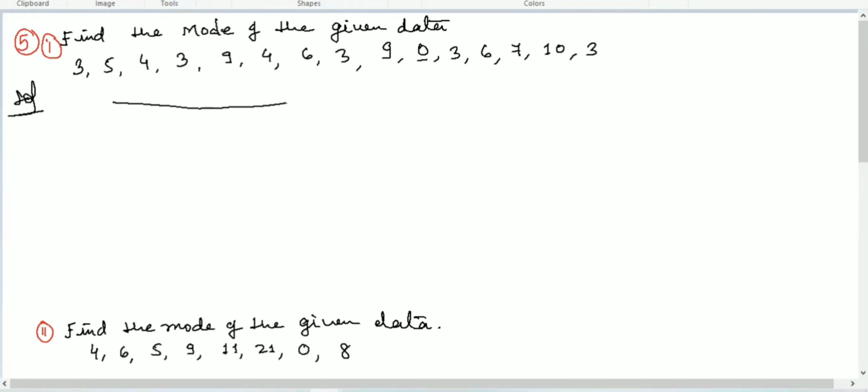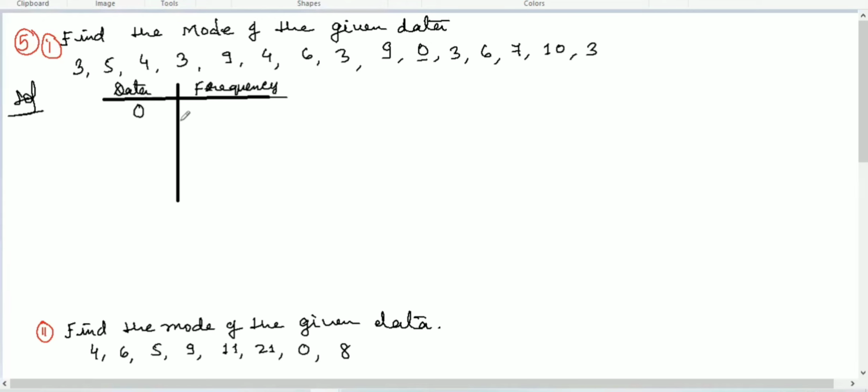Here the data, and in this column write down frequency. Start from the lowest number.